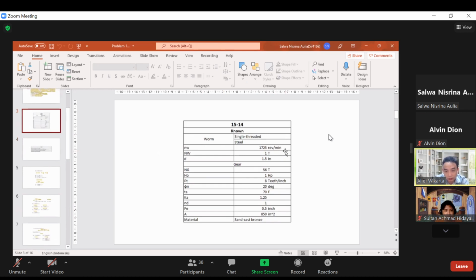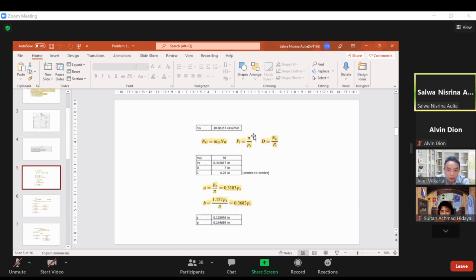Okay, so this is reduced. Is this reducing or increasing speed, Mbak Salwa? This worm is a reducer, reducing, yes. So reduced from 1700 something, Nw, into this 30 something, with ratio 56. Okay.